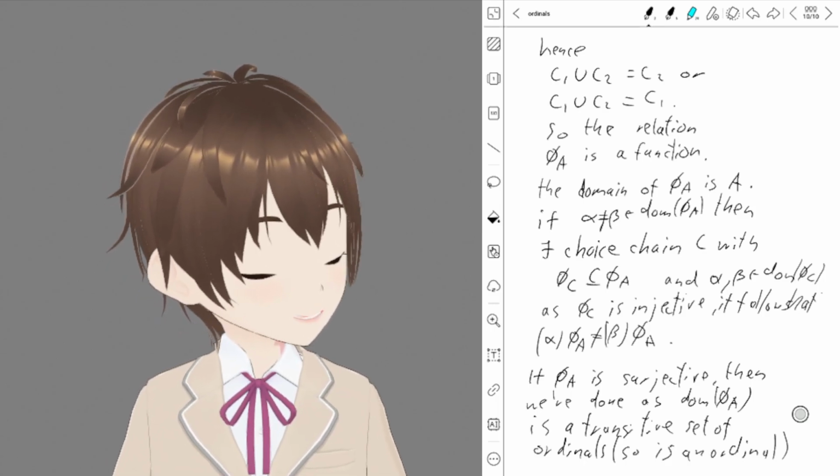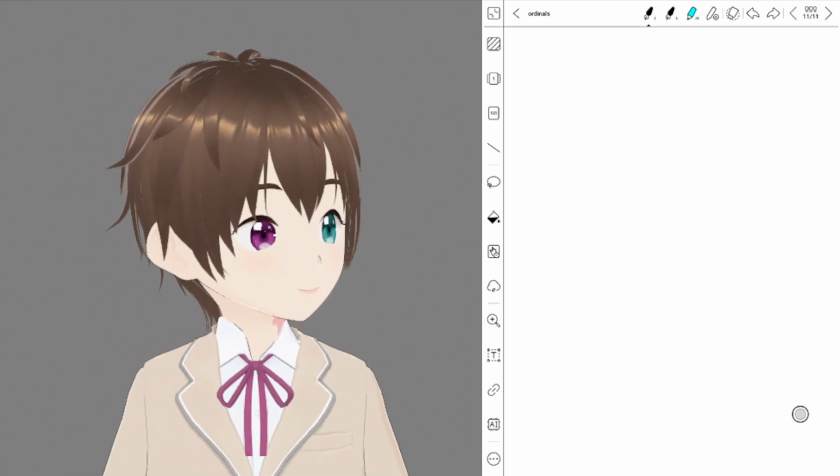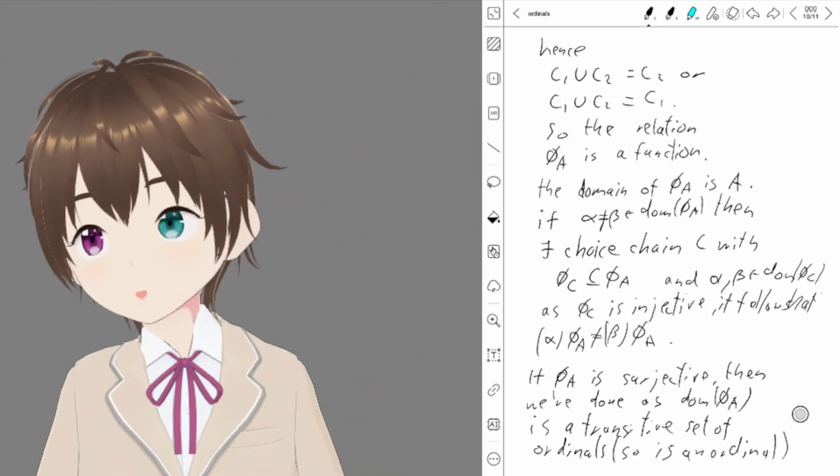So we just need to show it's surjective. In fact, it is a surjection onto its image.